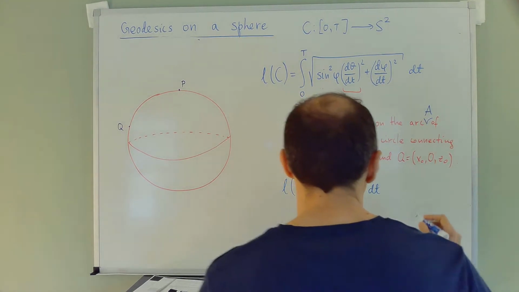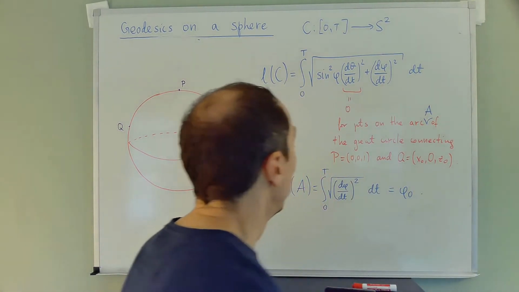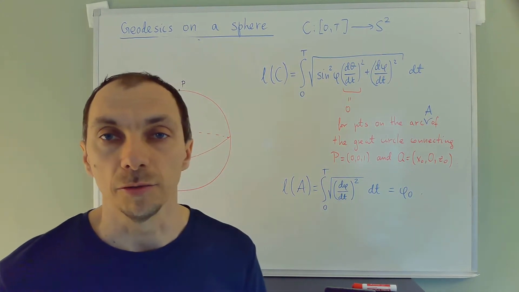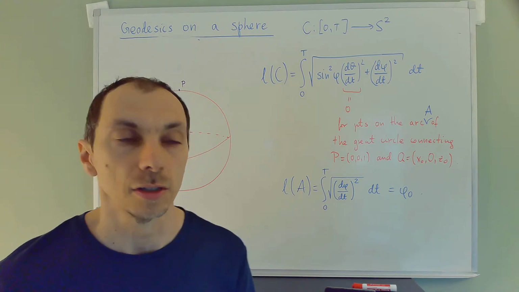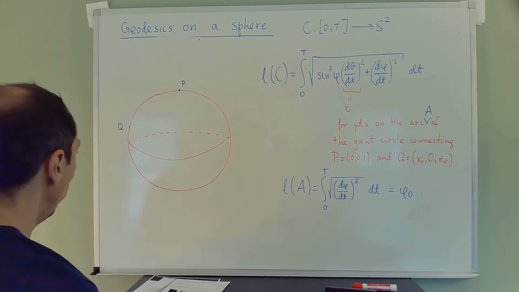And you actually recover the formula that we found by elementary methods. You get that the length is equal to phi 0.